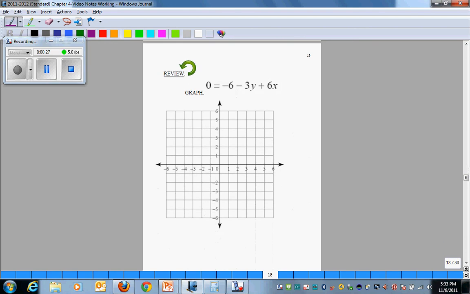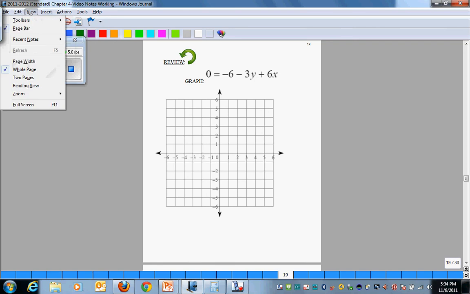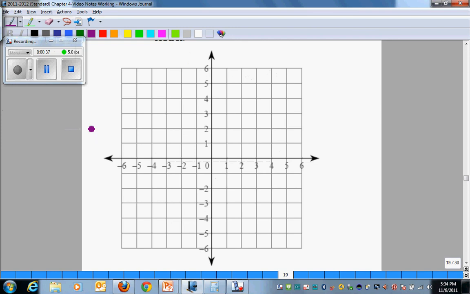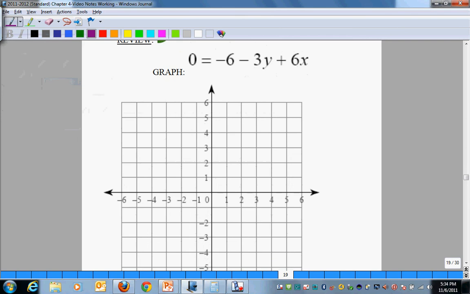Taking a look on page 19, we're going to graph this line. So first we want to change it to y equals mx plus b. So we're going to add 6 to both sides. Or we could change it to the standard form, which I'm going to do.